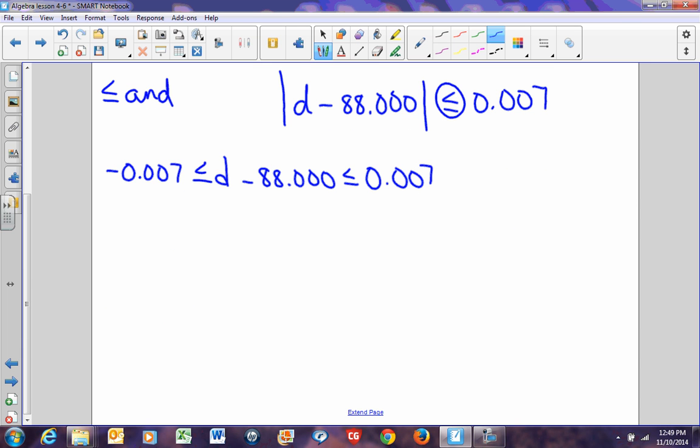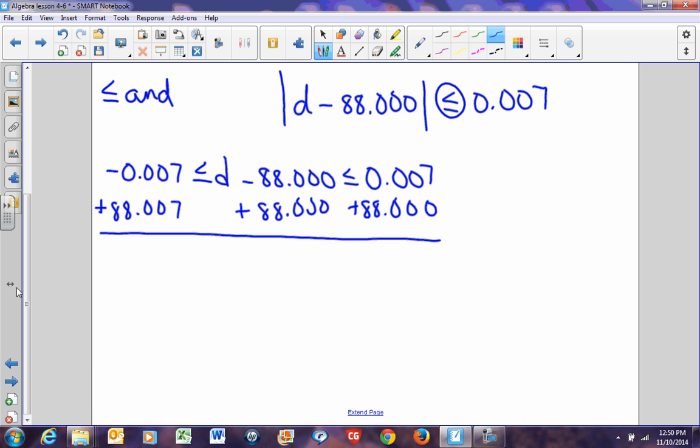To solve this, I have to add 88.000 to the middle, add 88.000 to the left, and add 88.000 to the right. These cancel out, leaving me with D. If I take negative 0.007 and add 88 to that, I get 87.993.